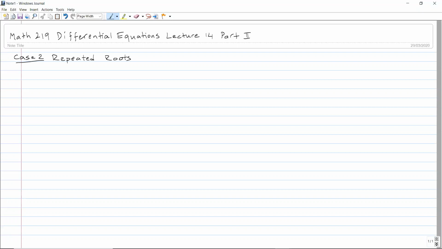I'm only going to consider the case when the characteristic equation is of the form lambda minus some number lambda 0 to the power n, so that lambda equals lambda 0 is a root with multiplicity n.